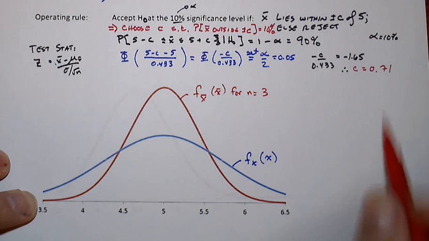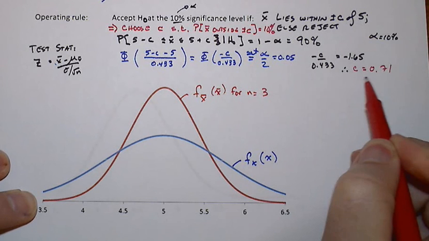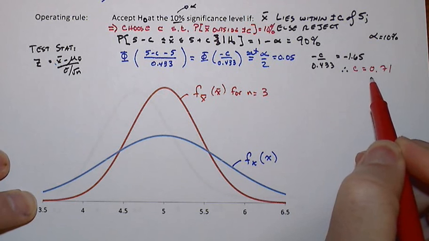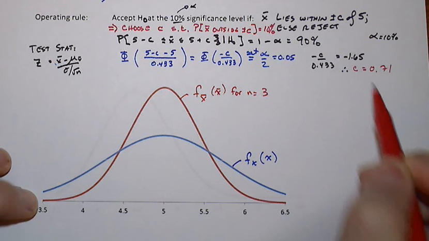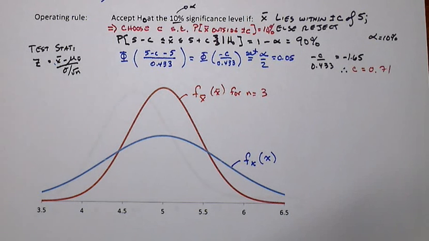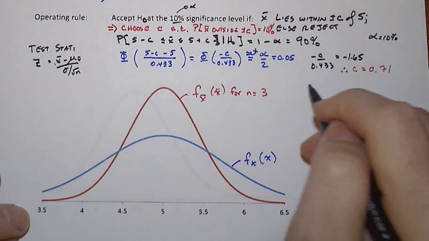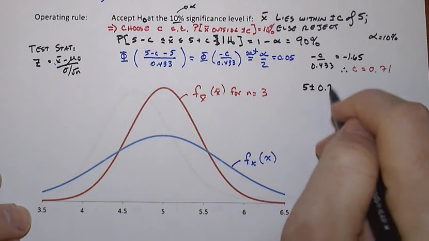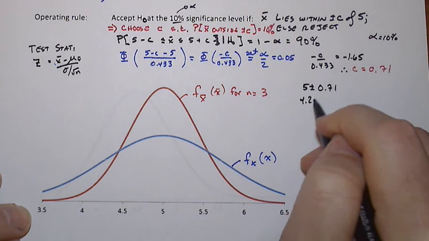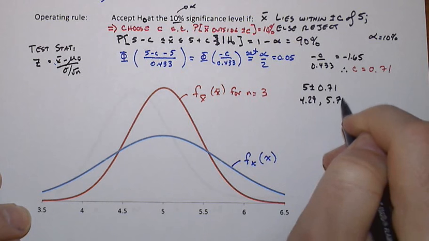Note that if we change the number in our sample size, we're going to change sigma, and that's going to change c as well. That's important for us to take note of later on. So our interval just became 5 plus or minus 0.71, and that's 4.29 to 5.71.